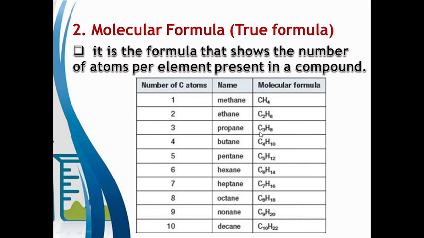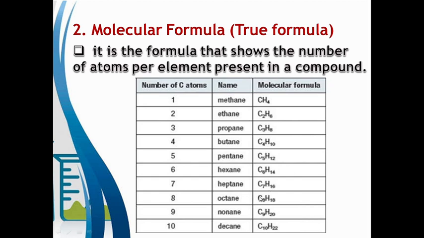Propane has 3 carbon and 8 hydrogen. Butane, C4H10 or 4 carbon and 10 hydrogen. Pentane, 5 carbon and 12 hydrogen. Hexane, 6 carbon and 14 hydrogen. Heptane, 7 carbon and 16 hydrogen.